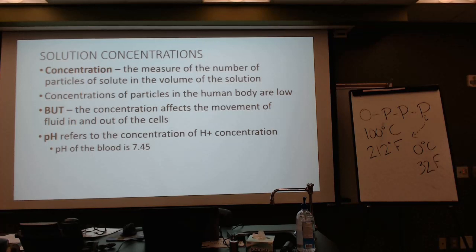The concentrations in our human body are low. Your textbook is going to talk to you about something called osmoles, milliosmoles. You're going to see that term on lab reports.